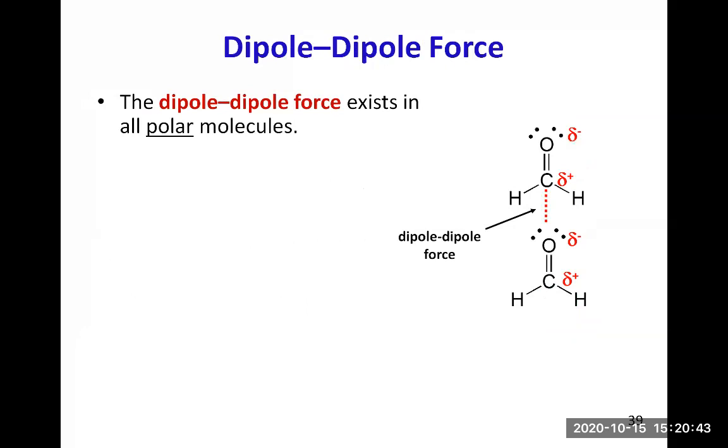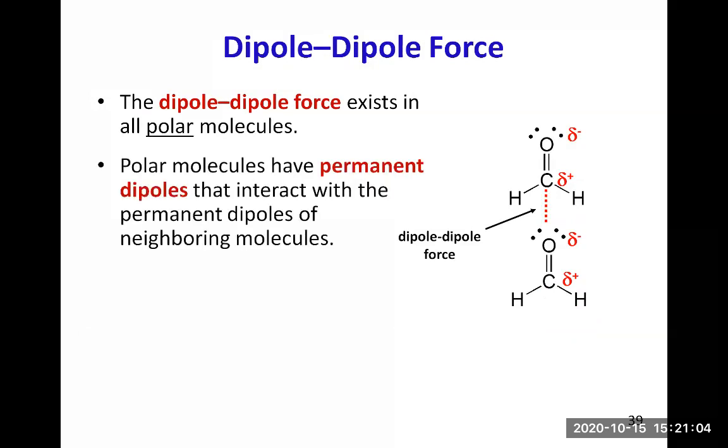Dipole-dipole force. The dipole-dipole force exists in all polar molecules. Let's note that the ion-dipole force can only exist between ions and molecules with a dipole moment. The dipole-dipole force can only exist between molecules that are polar and that have a dipole moment.